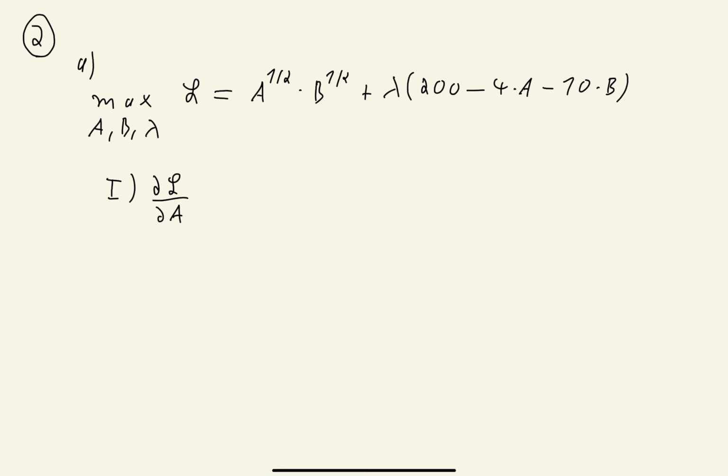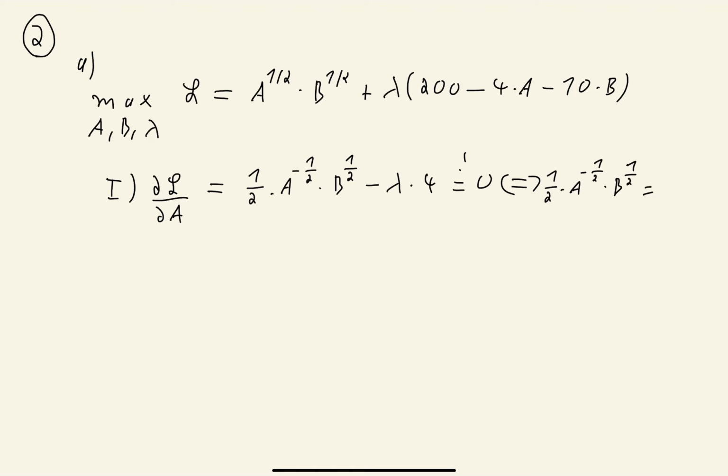If you take this derivative, you will have 1/2 times A to the power of minus 1/2 times B to the power of 1/2 minus lambda times 4, and this should be equal to 0. If you rearrange this, we have 1/2 times A to the power of minus 1/2 times B to the power of 1/2 equal to lambda times 4. I just took lambda times 4 to the other side.